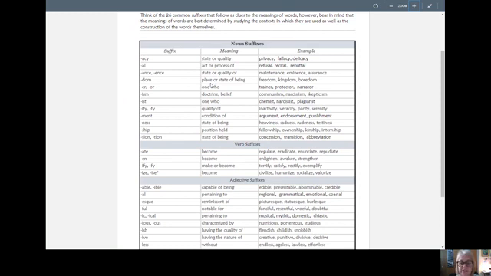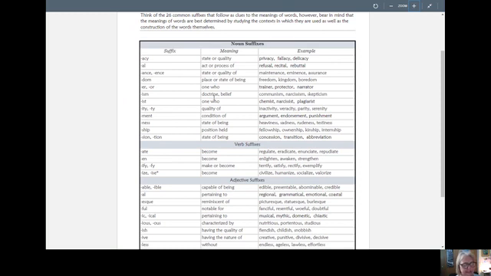So we have a lot of suffixes for people, just like we have a lot of suffixes for state or quality. And like we have prefixes, we have more than one prefix that means not. So you have your choice with several of them. So many here, the nouns.